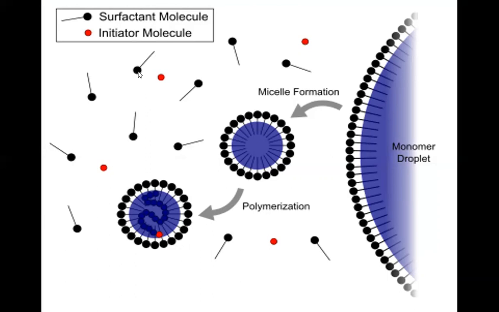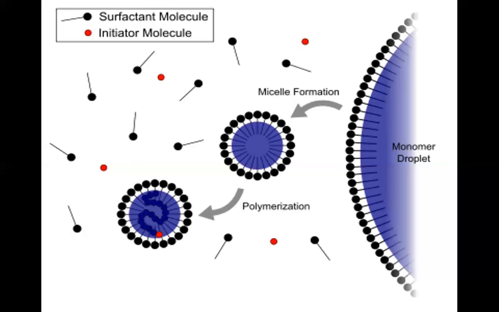Hydrophilic: the name itself indicates, hydro means water, philic means loving. So this part of the surfactant molecule is a water-liking part; it is attracted towards the water molecule. Whereas this tail part is known as the hydrophobic end. Hydrophobic means water-hating, the water hatred part.